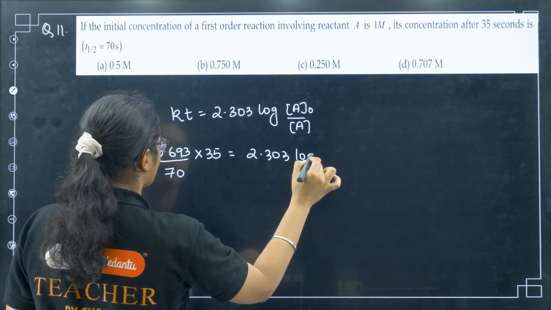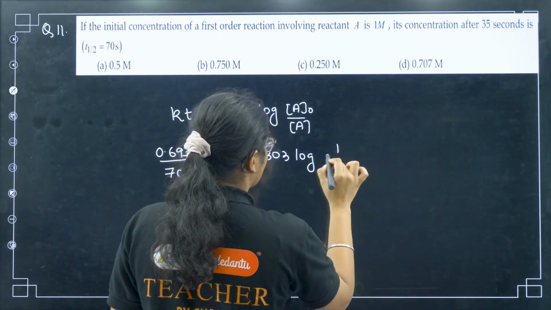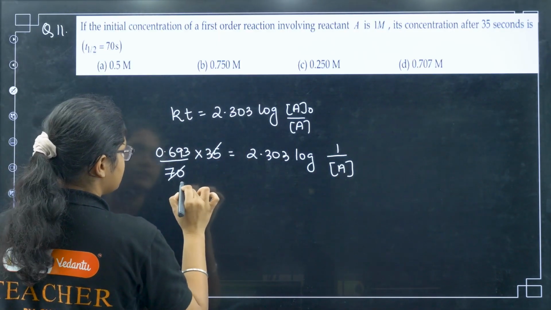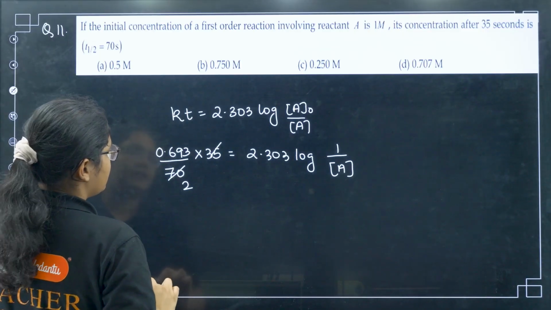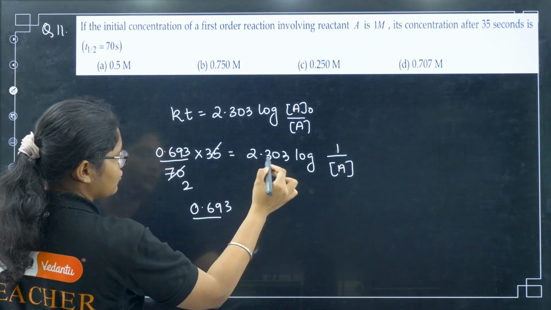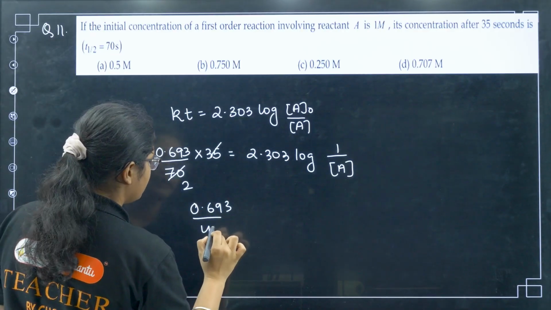2.303 log of A0 value, let me take it as 1, and I have to find this A value. So let us do the quick calculation. Here I have 2. Then I can put everything: 0.693, and if I take 2.3 it is 4.6.